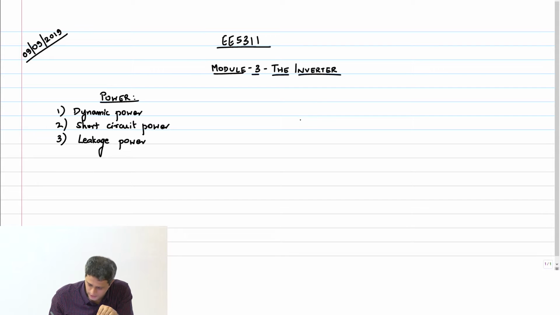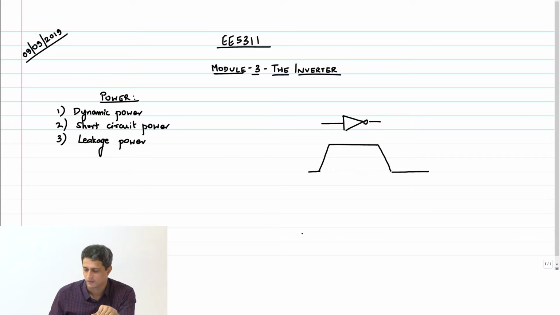So the idea here, at least for the first two, is the following. If I have an inverter like this, and the input rises with some finite rise time and then falls with some finite fall time, then the output would basically go like this.